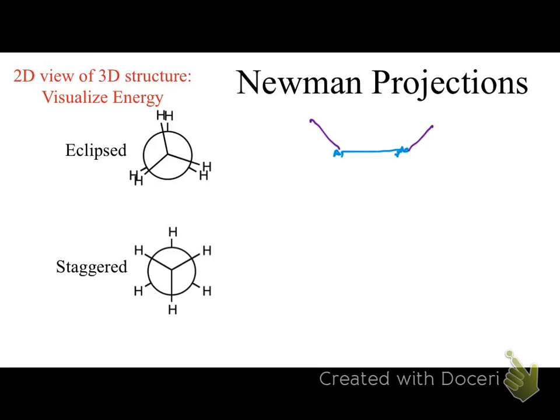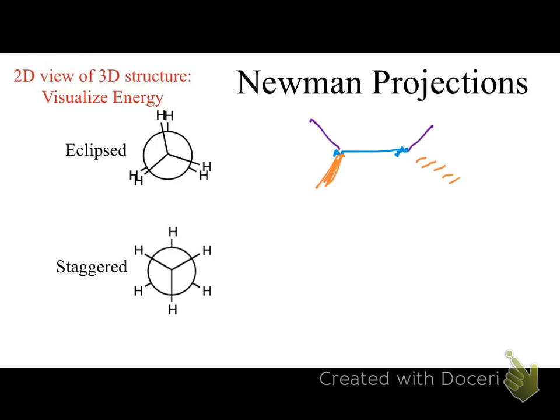A wedge. So we would draw it with our wedge coming at you on the left-hand side. What about the other yellow one? It's aimed away from you on the other side. How do we represent that? With the dash. Again, that's below our carbon-carbon bond. Okay, everybody see that?